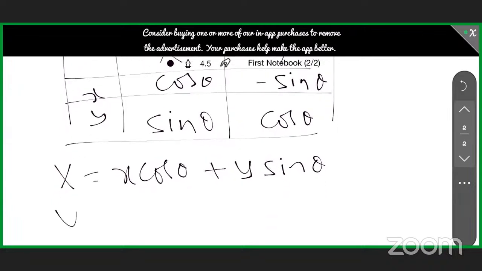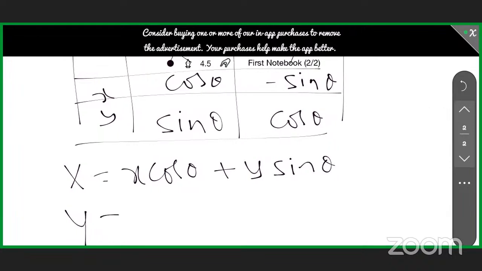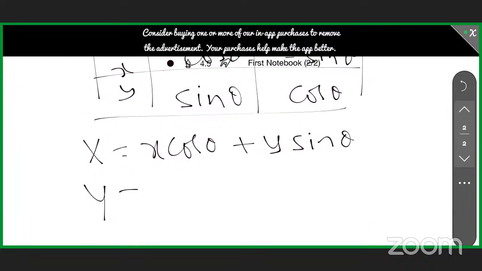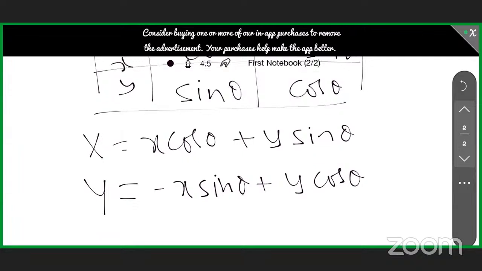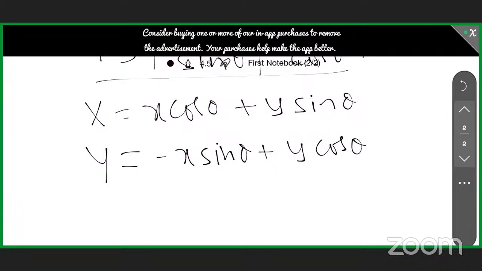Similarly, my capital Y will become minus x sin theta plus y cos theta. Now the angle they have told us is theta equal to 45 degrees. So capital X will become x into cos 45, which is 1 by root 2, plus 1 by root 2 y.